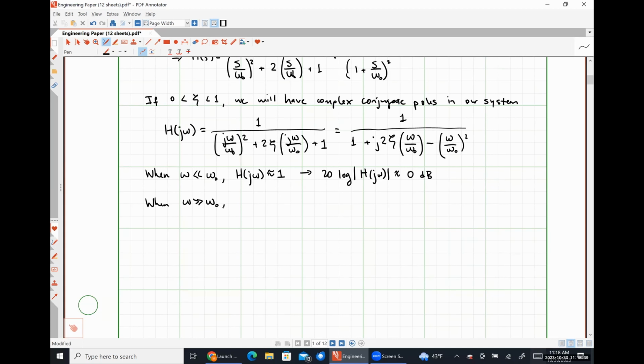So it's going to look like 1 over omega naught quantity squared, right? So H of j omega will be approximately negative 1 over omega naught quantity squared.